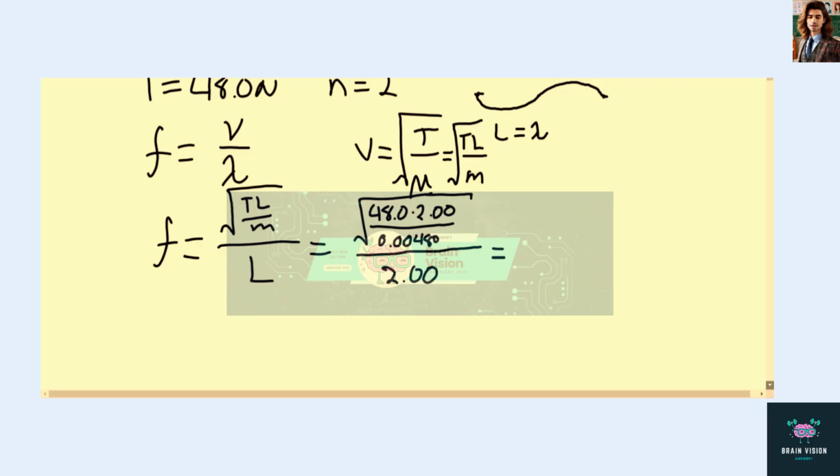And if you calculate that out, you'll get that the frequency is going to be 70.7 hertz.